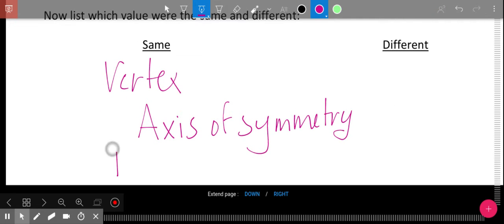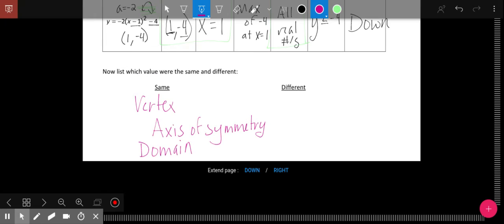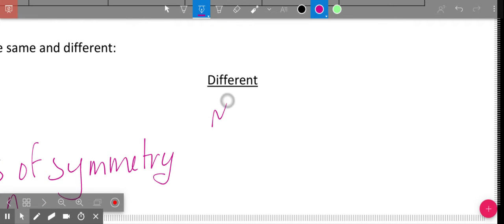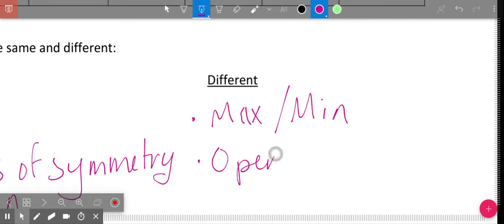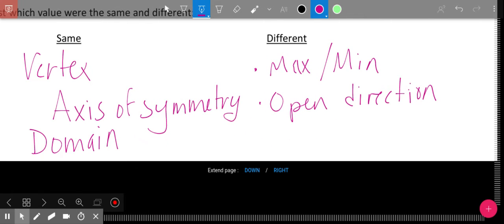And the things that were different were the max or min value, the opening direction, and the range.